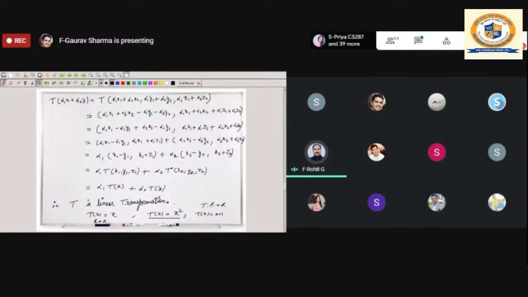Yes, so a line passing through the origin should be mapped into a line passing through the origin. Then we say the transformation is linear. That was our intuitive idea, the line is mapped to a line, and that idea gave us the definition.